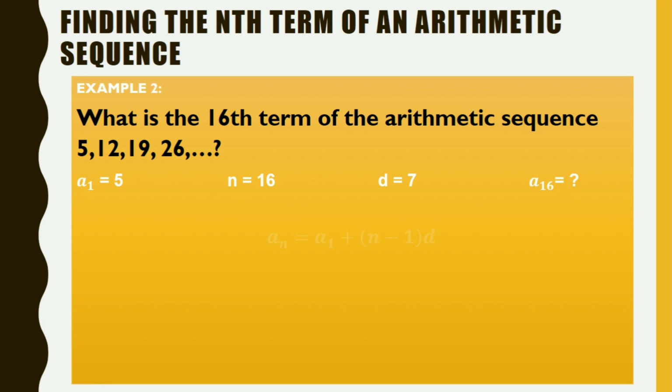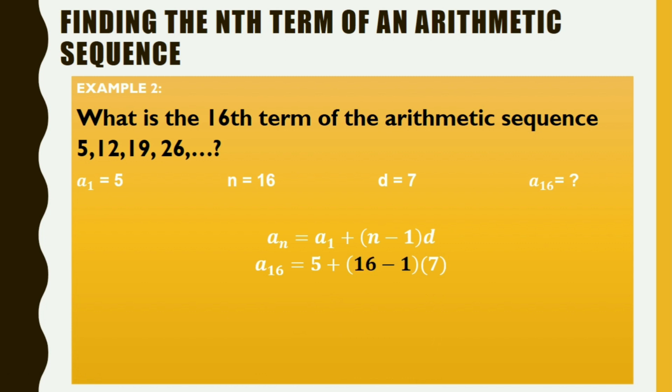Okay, write the formula. a sub n is equal to a sub 1 plus quantity n minus 1 times the common difference. Then, you will substitute the given to the formula. We have a sub 16 is equal to a sub 1, which is 5, plus quantity 16 minus 1 times 7.